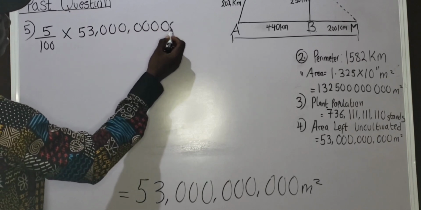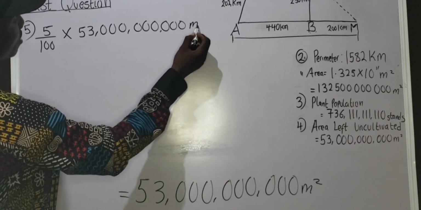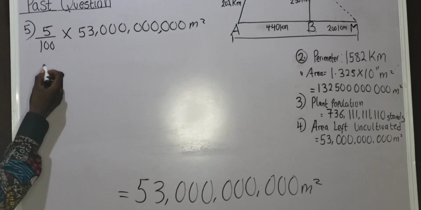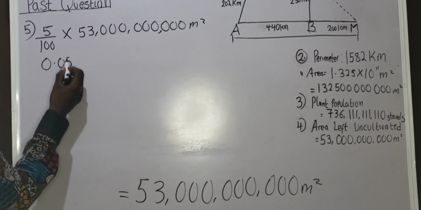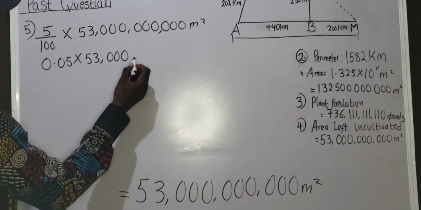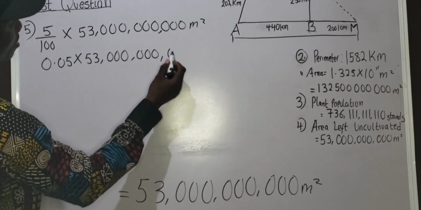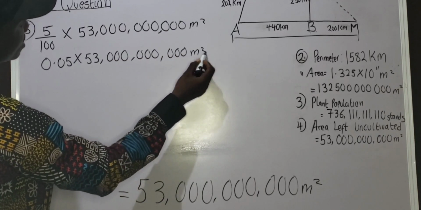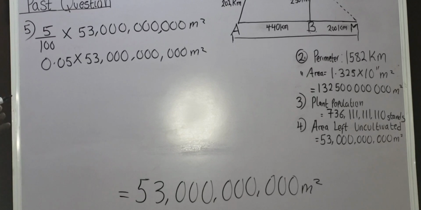Don't forget the unit. So that will be 0.05 multiplied by 53 billion meters squared. What I calculate here is the area that was used to construct farmstead.